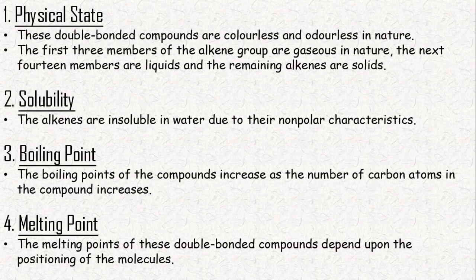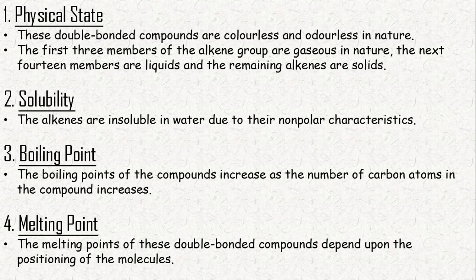Next, physical state. These are double bonded compounds, colorless and odorless. You may wonder, because in the last slide I said ethene has a sweet, fruity smell. Ethene is the exceptional case in the alkenes.